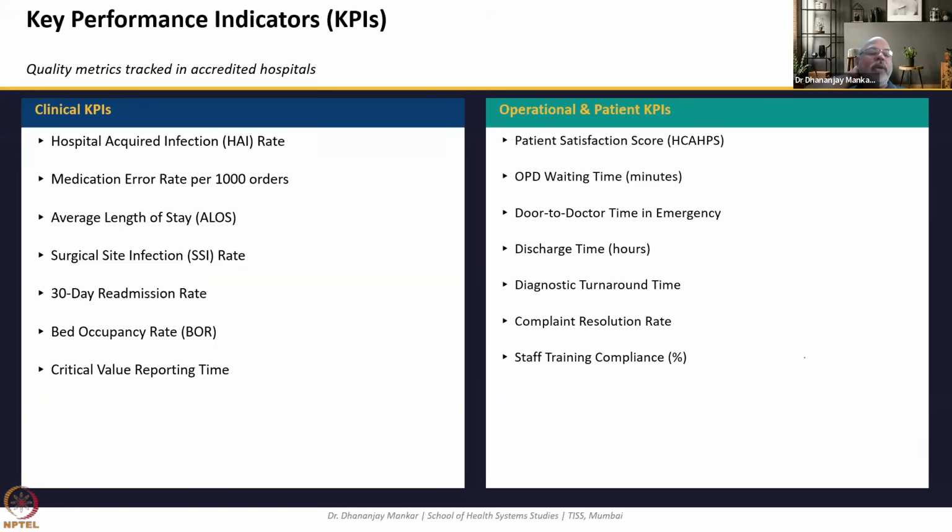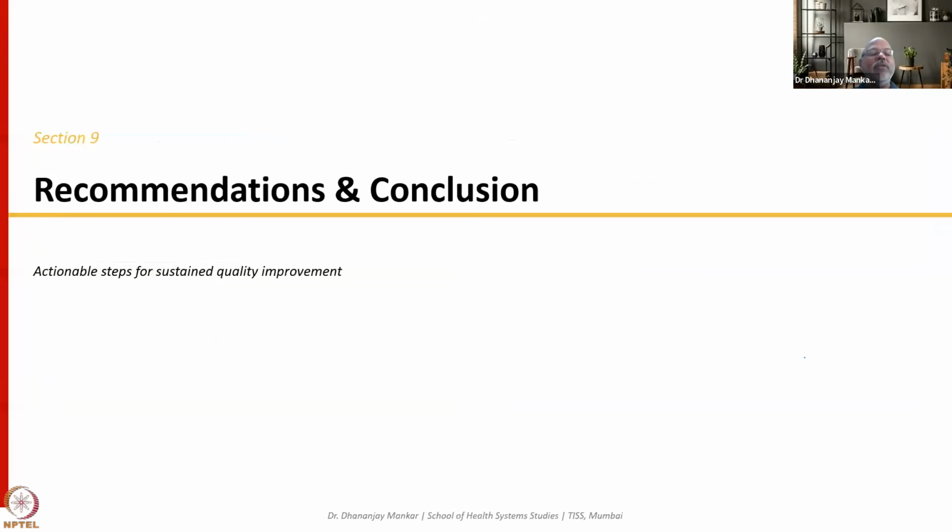If your OPD waiting time is very high and poor in terms of patient feedback, then by working on this key performance indicator you will drastically see the clinical part improving.